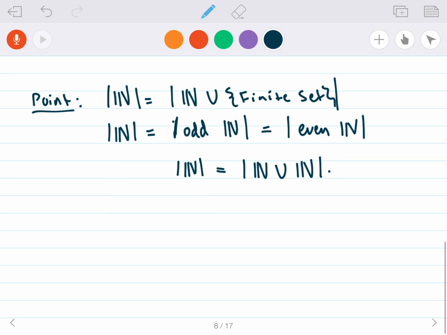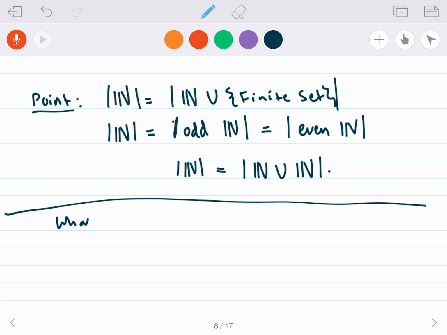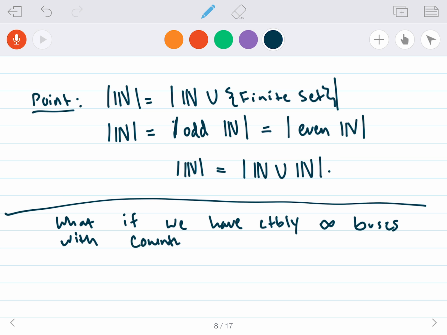Here's another one to think about. What if we have countably infinite buses with countably infinite people in each bus?